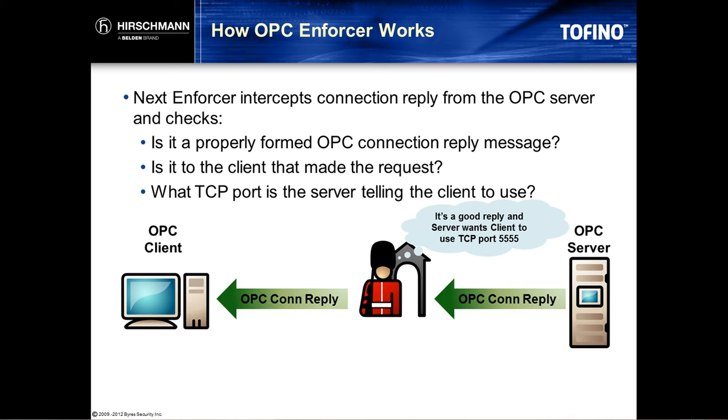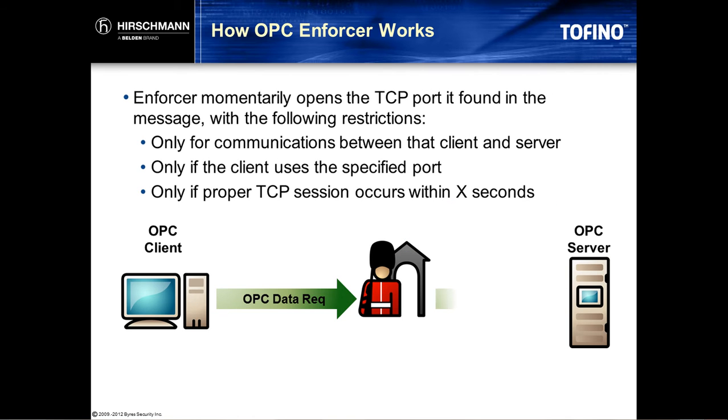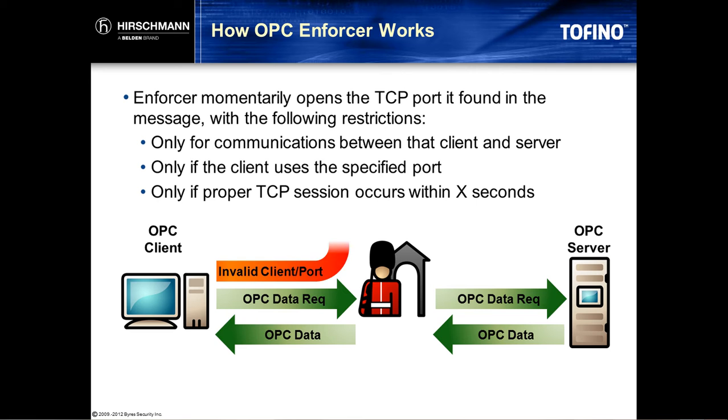So when that second data connection comes in to the server from the client, the Tofino is ready for it, and it already has dynamically created a firewall rule to permit that connection through, but it does not allow any other invalid or unauthorized connections to pass through that firewall.